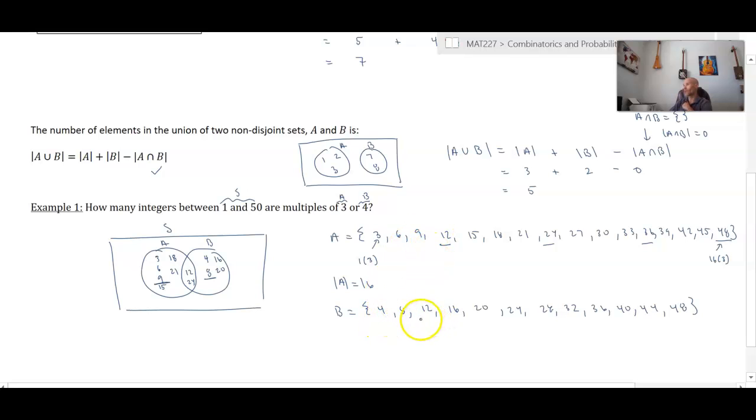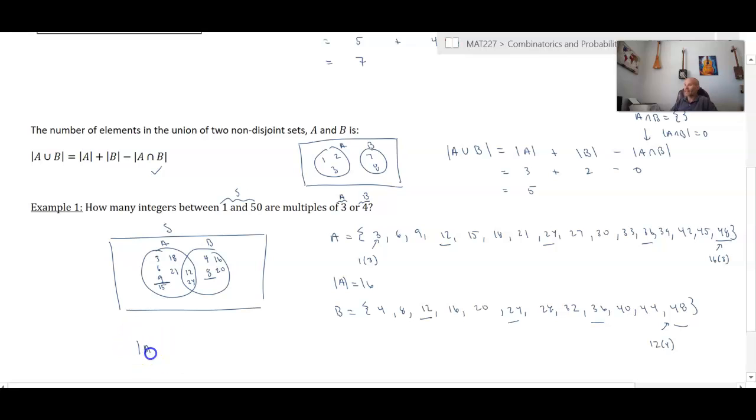So once again, because 48 is 12 times 4, B is going to have 12 elements, 1, 2, 3, 4, 5, 6, 7, 8, 9, 10, 11, 12.